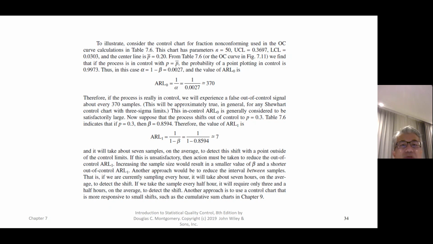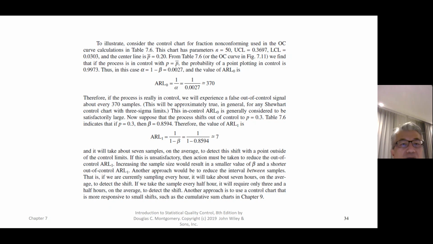Increasing the sample size is one option, which will result in a smaller beta and a shorter out-of-control run length. Another approach is to reduce the interval between samples, so we inspect more samples within a fixed period of time.